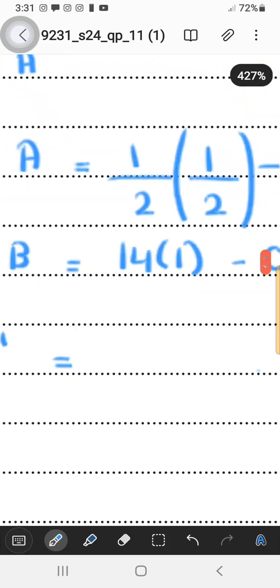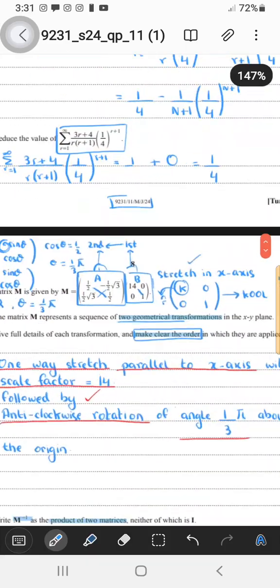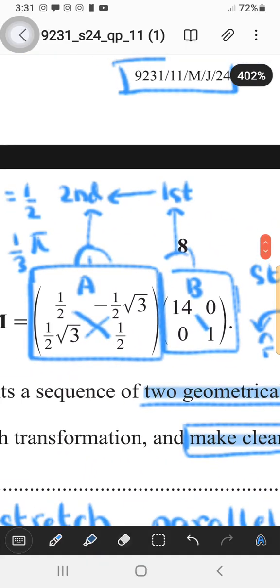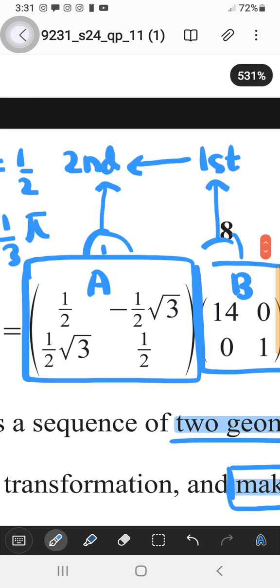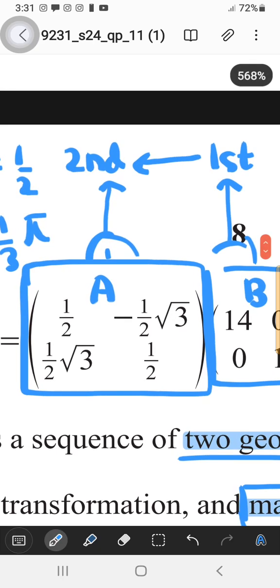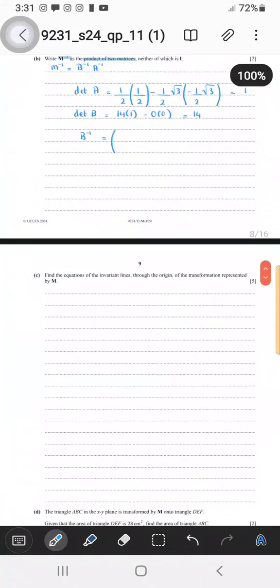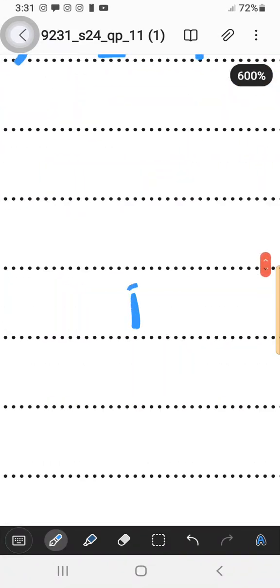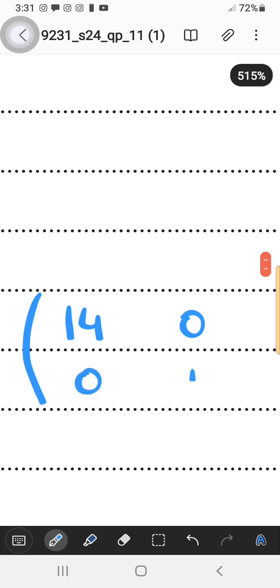So we will write here bracket open. And how will we find inverse? Let me tell you. First we are going to find out B inverse. So let me write, B is equal to 14 0 0 1.